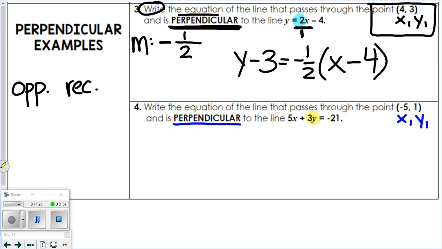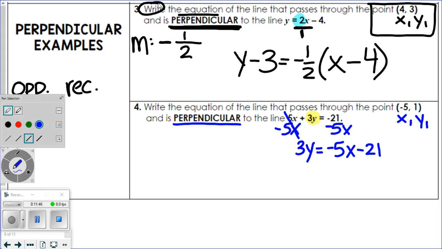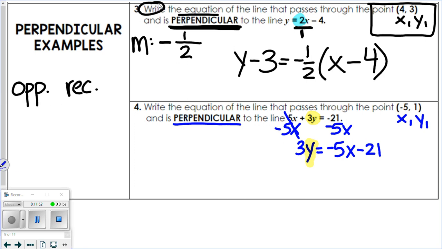So we want to move or subtract this 5x from both sides. So 3y equals negative 5x comes first, minus 21. Is y alone yet? If I highlight y, there's a 3 out in front of it, and they're smushed together, which means they're being multiplied.